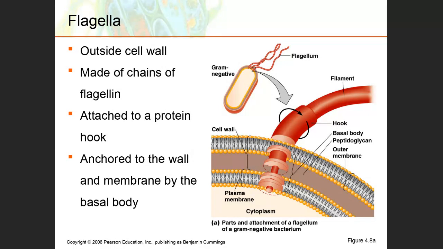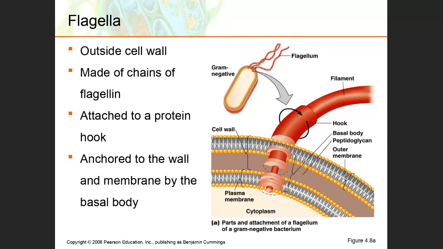That requires ATP and a special type of motor to do that. And so eukaryotes have flagella as well. They're much larger than prokaryotic flagella, and they're made of a different protein, but the exact mechanism in terms of how it works is the same.